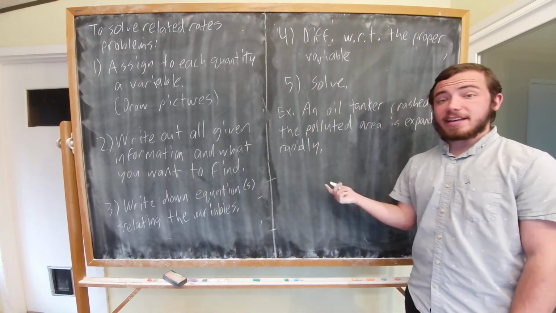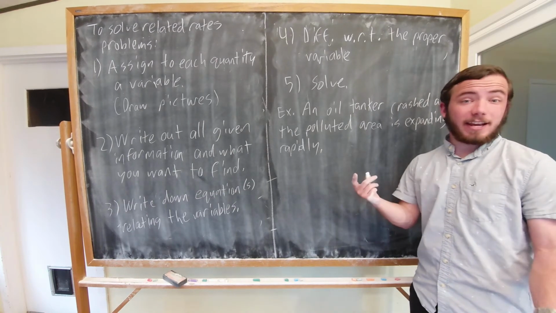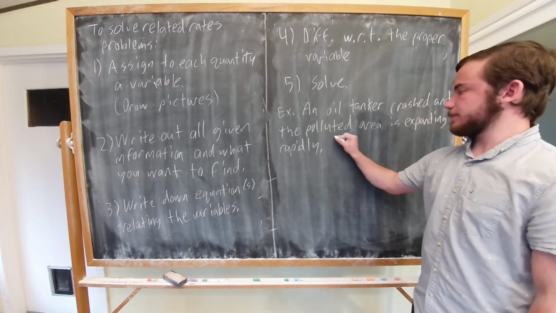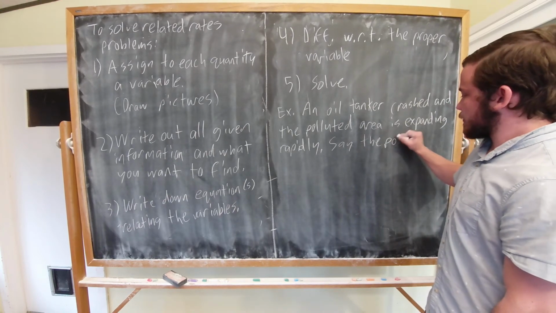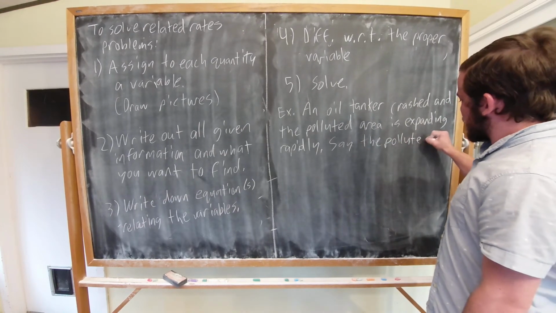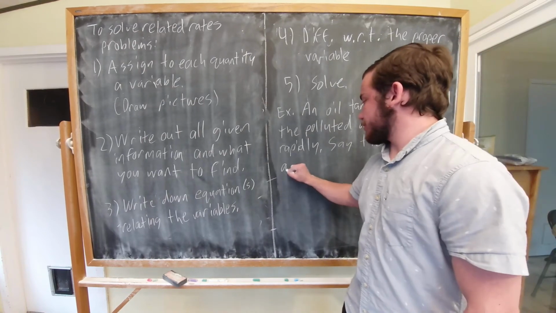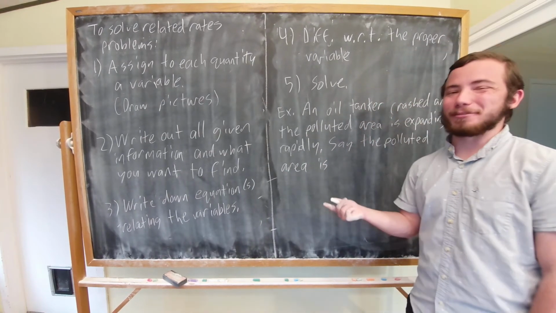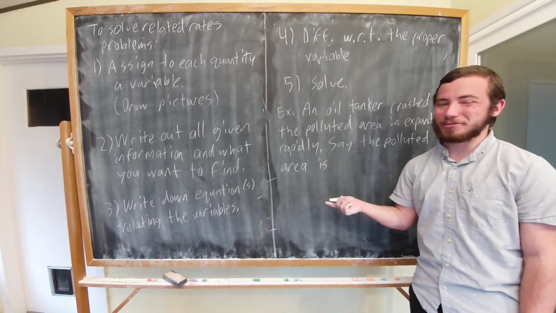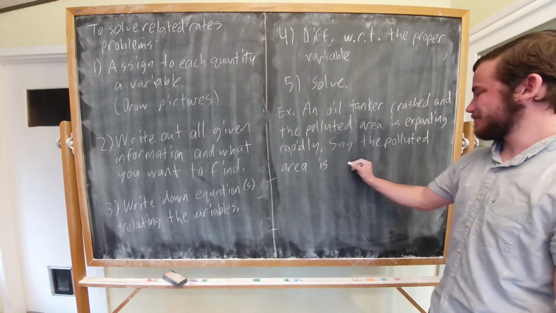Okay? Say the area that's polluted, for the sake of simplicity, is a circle. In reality, obviously the oil would spread out unevenly, but for the sake of any of us being able to do this problem, we'll say it's a circle.